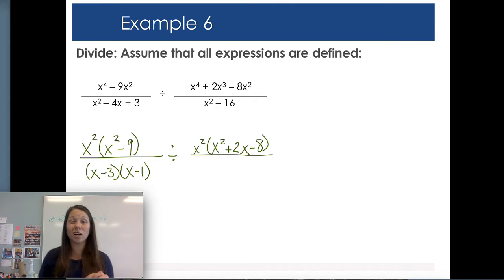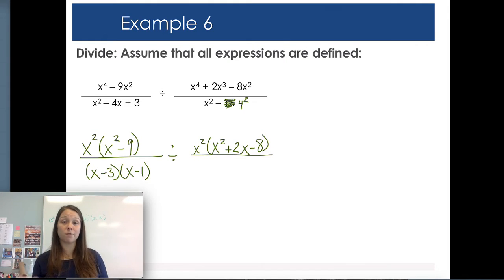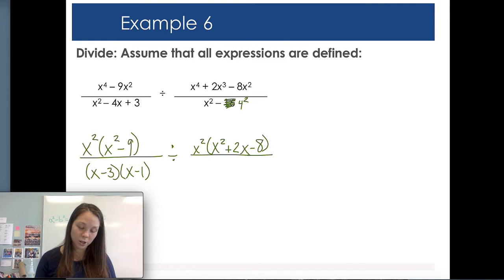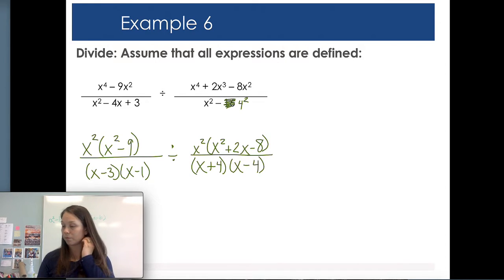So x squared and 16 are both perfect squares because 16 could be rewritten as 4 squared. So x squared minus 4 squared is going to factor into x plus 4 times x minus 4. All right.